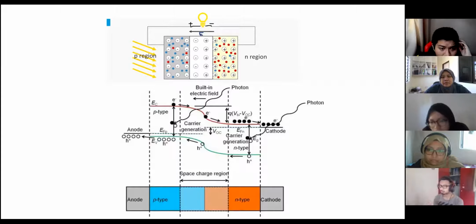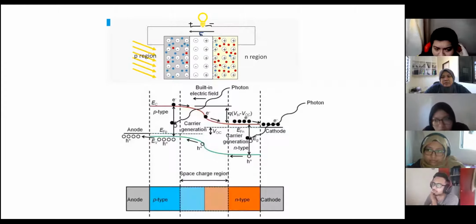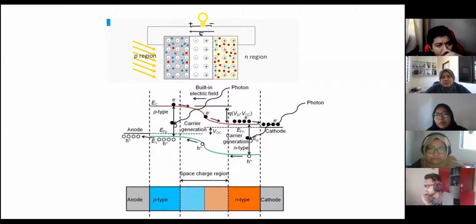Drift. The electron is drifted to the cathode, so it will flow into the external wire.